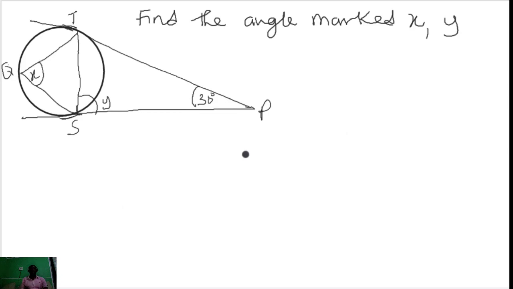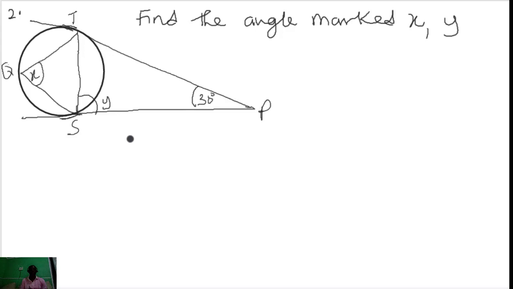Okay, so example 2. We have this diagram, and we can see that SP is a tangent, TP is a tangent, the angle at P is 30 degrees, and we are to find the angles marked x and y.